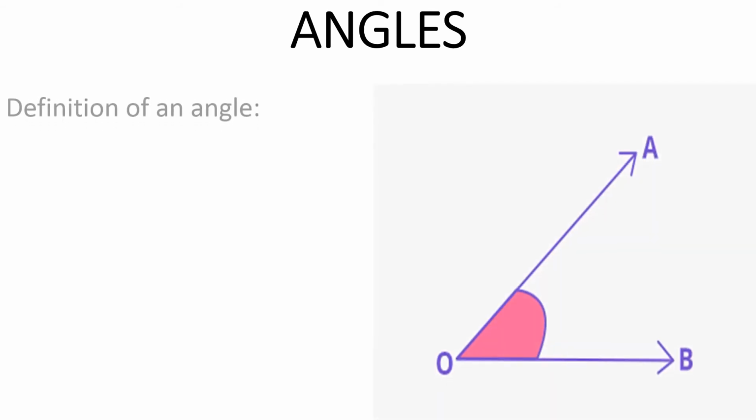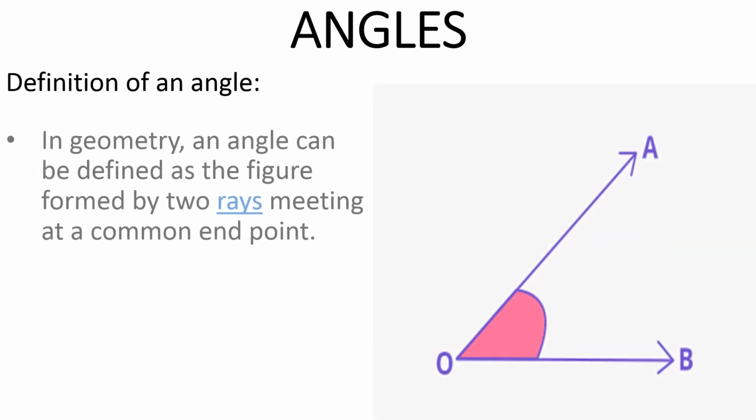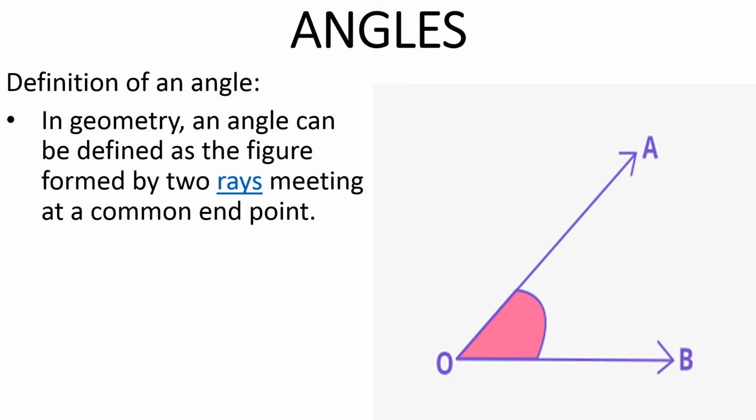Now we are going to discuss angles. We are using angles everywhere. While constructing a house and while measuring a room, everywhere we are using angles. Now we are going to see the definition of an angle. In geometry, an angle can be defined as the figure formed by two rays meeting at a common endpoint.